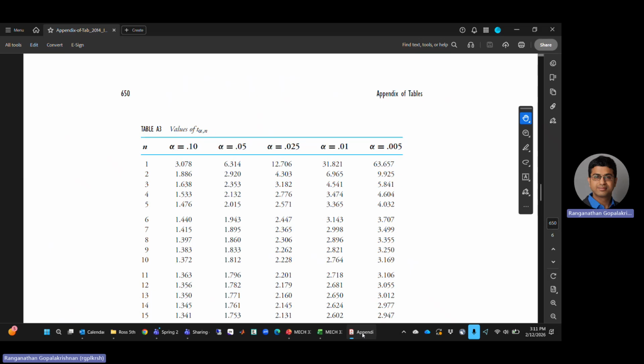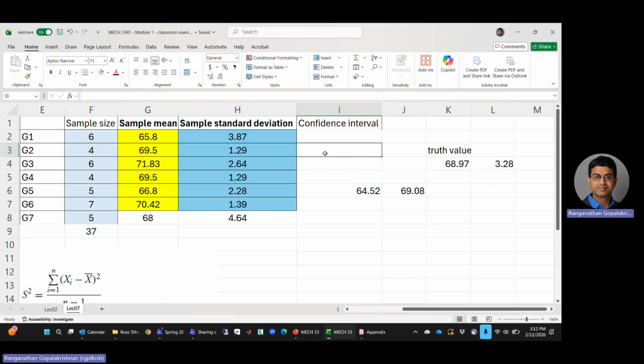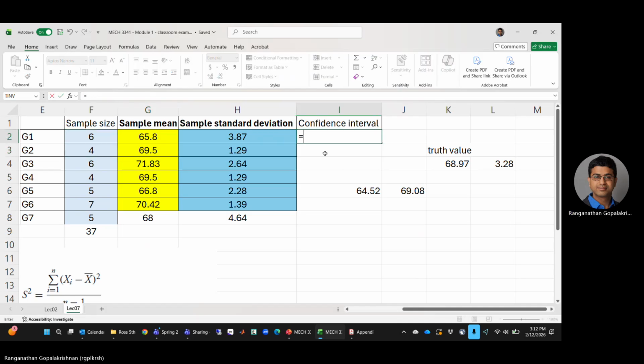Well, that's nothing. That's just me saying where to look. But look at the trend here. If I took a sample mean, and for the first group, let's compute standard deviation divided by square root of the number of observations, which is 6. And then I have to enter a t value.